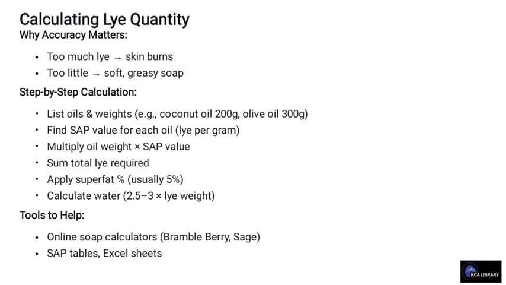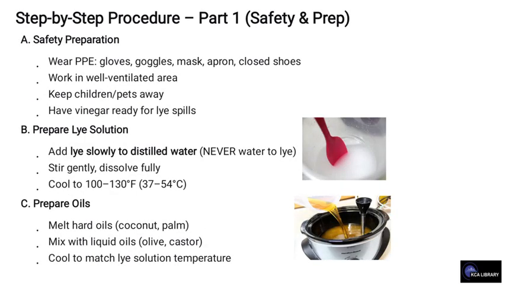To calculate, you use 2.5 to 3 times the lye weight. If you follow this calculation, you'll be able to know the lye quantity required. Tools to help you: you can use online soap calculators, and you can use saponification tables or spreadsheets.